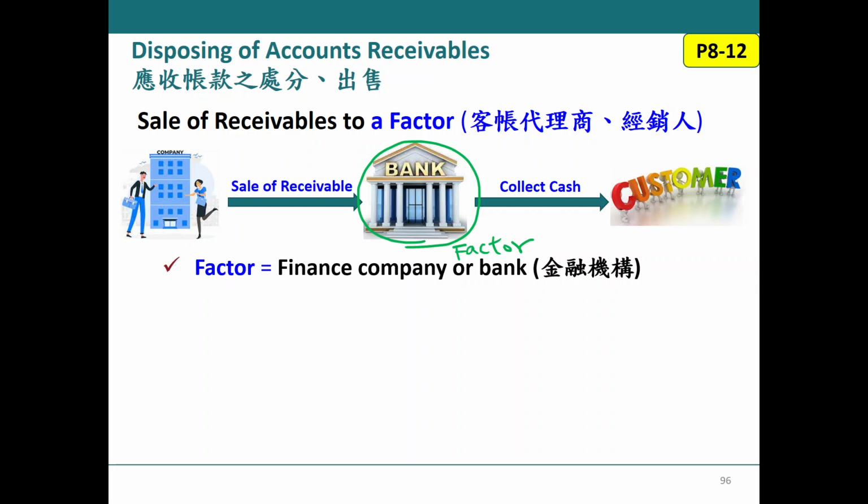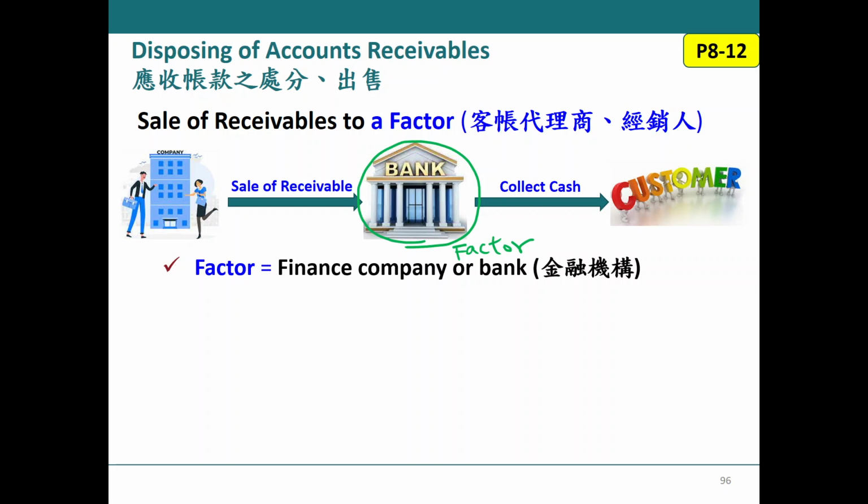Okay, so next question. The bank asks the customer to pay the money back, right? So what if the bank got the money from customers, $100? That $100 belongs to whom? You or the bank? You sell receivables to the bank.